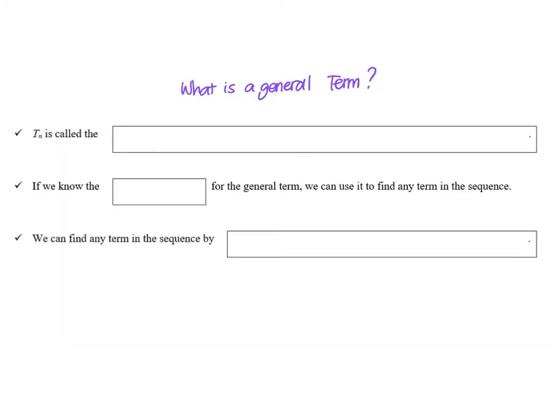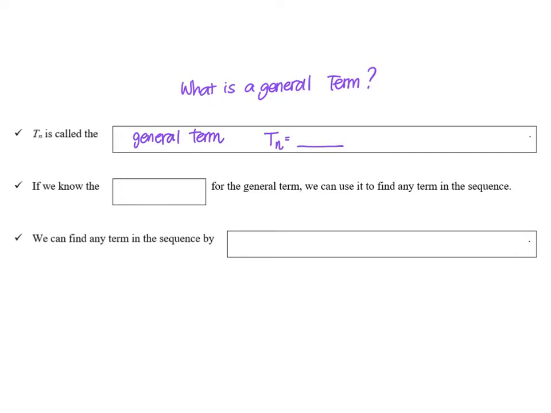What is a general term? Usually we denote it by Tn. Tn is called the general term, which means the formula. If you're given a formula, Tn is given to be some formula.